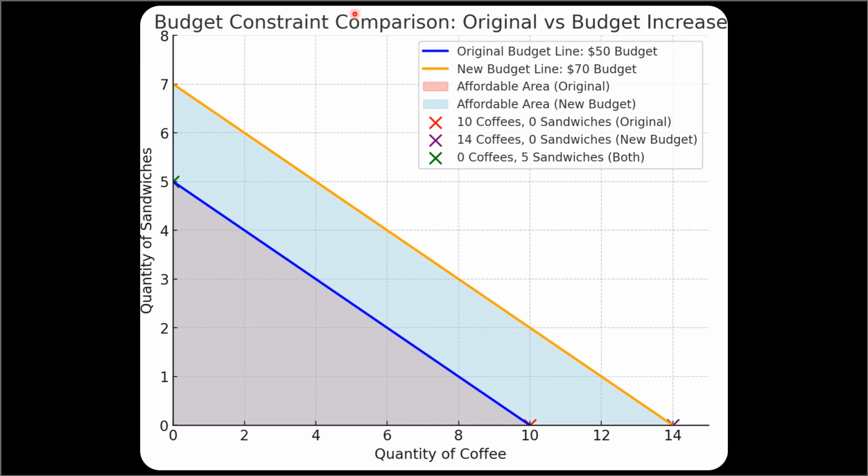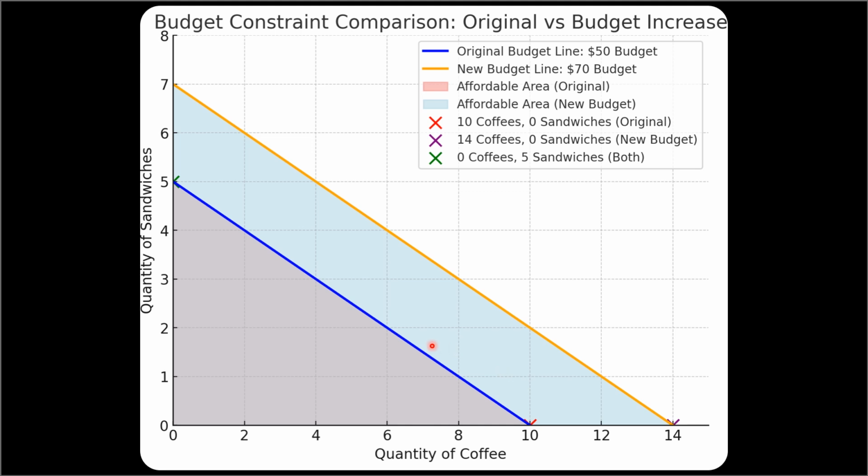In other words, the right blue region, including this one, represents the affordable area after the budget increased to $70. In other words, the combinations of goods and services, in this case sandwiches and coffee, she can purchase has increased due to the increase in income.